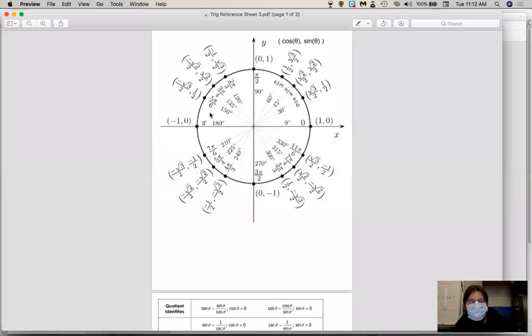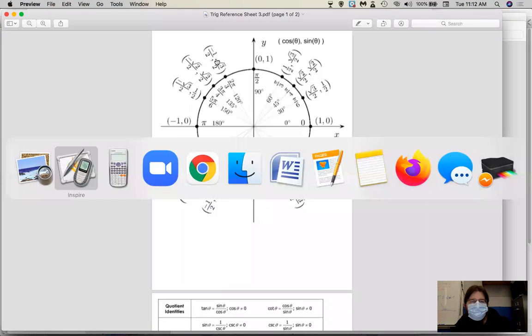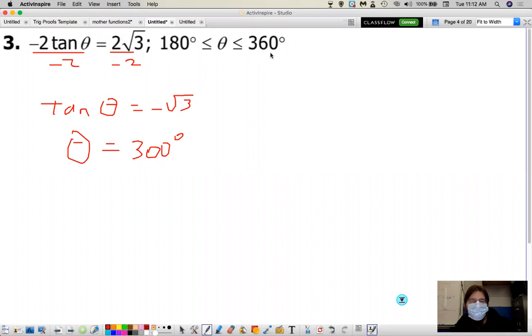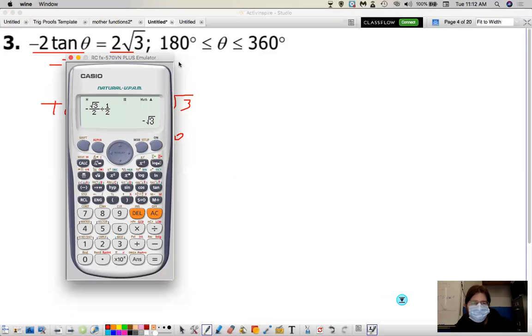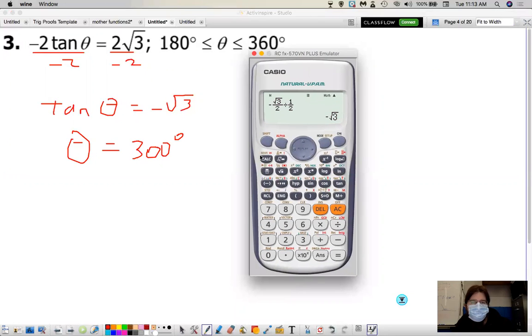Another one that would have worked would have been the 120. However, our interval said only look in the bottom half of our unit circle. So let's check this. Negative 2 tangent of 300 is 2 square root of 3, which is what we wanted it to be.